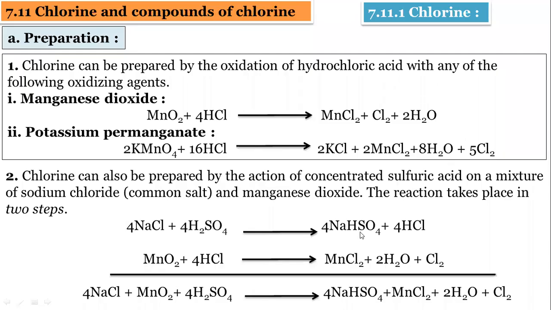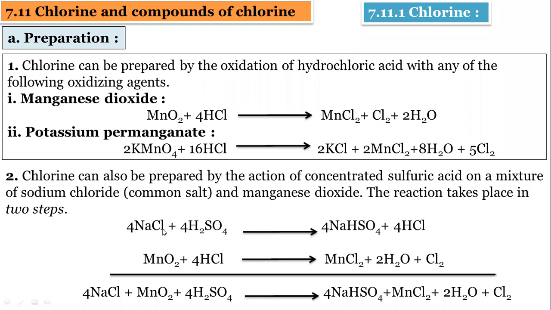NaHSO4 plus 4HCl. First, sodium chloride reacts with the sulfuric acid and MnO2. This reaction is again repeated here. See, the reaction of manganese dioxide with HCl gives MnCl2 plus 2H2O plus Cl2. So these two reactions are already completed.